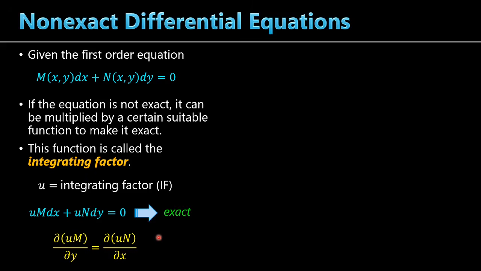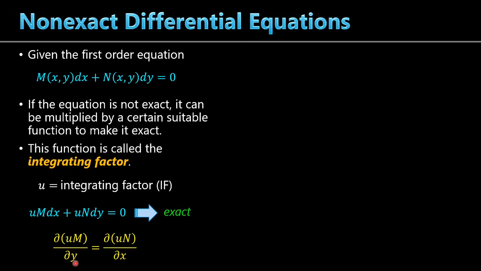So pag kinuha natin, once again, ang partial derivative ng uM with respect to y, it should be equal to the partial derivative of uN with respect to x. Again, because the equation is now exact. Paano nga siya naging exact? Kasi minultiply mo na siya ng integrating factor. So ngayon, ano ang goal natin? Ang goal natin is hanapin yung integrating factor na u.